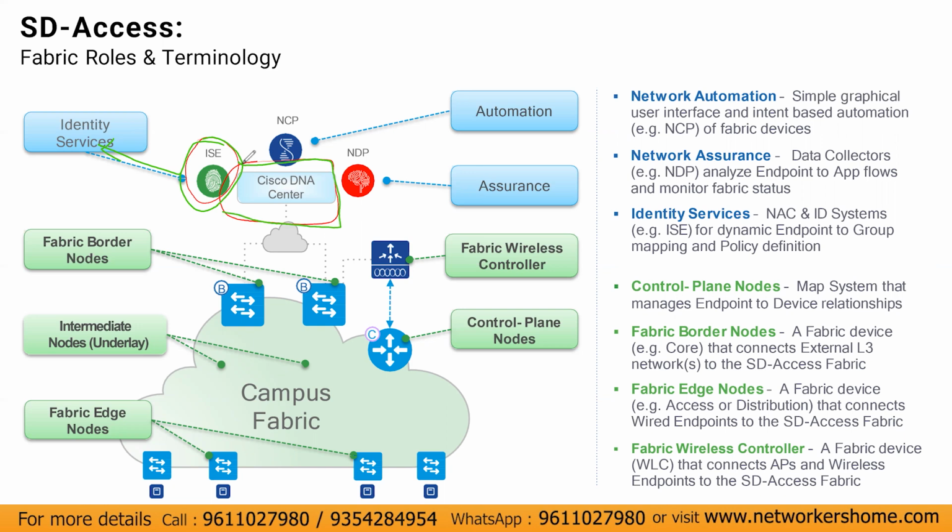Cisco DNA center comprises of this thing, NCP, which is network configuration, which is done using the automation. It also has the assurance engine, which is popularly known as network data platform, NDP, which takes care of the assurance, the insights, what issues are there in the network, are there any port blockings, are there any existing ACLs which are blocking the traffic.